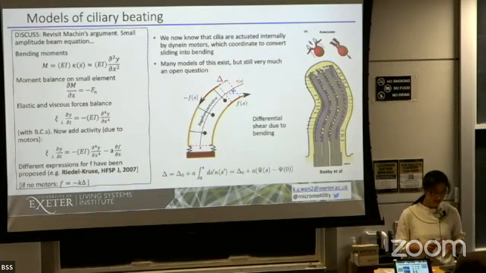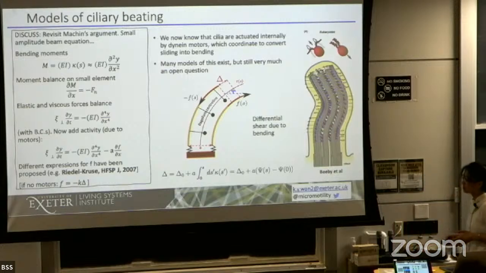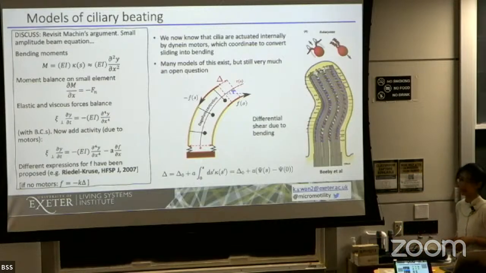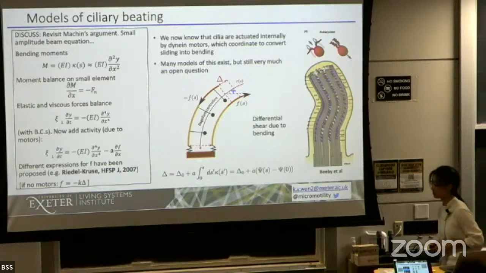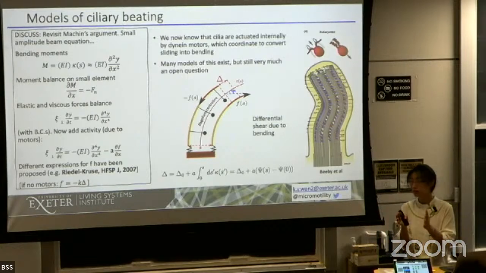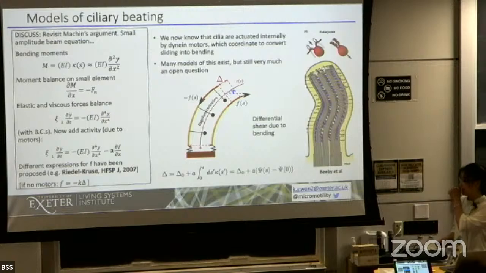And then, because of the bending, you would have some amount of shear. This shear may be non-zero at the base, but in general, you'd have this expression, which accounts for the separation between these two parallel filaments and the arc length dependent curvature along the filament.